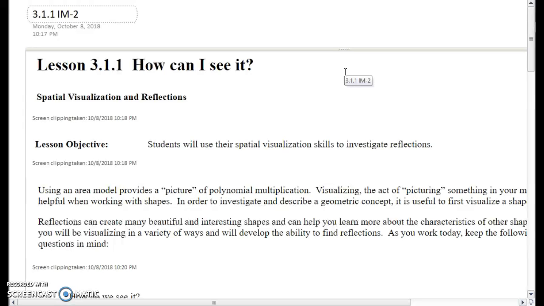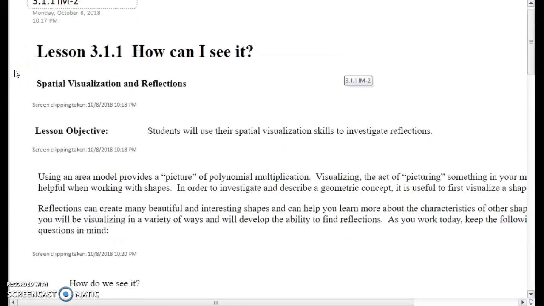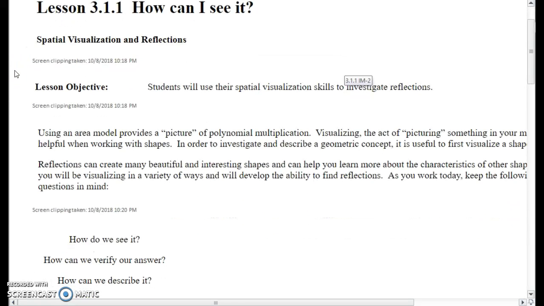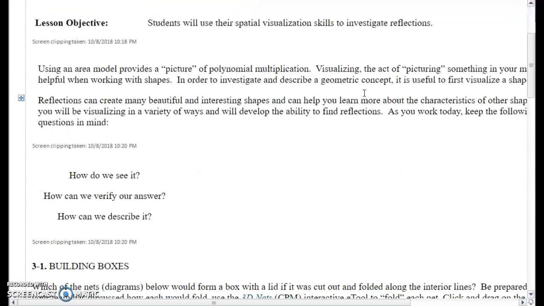Now, more specifically to today's lesson, we'll be looking at lesson 3.1.1, and this lesson is dealing with spatial visualization and reflection. The objective today is to use spatial visualization skills to investigate reflections.